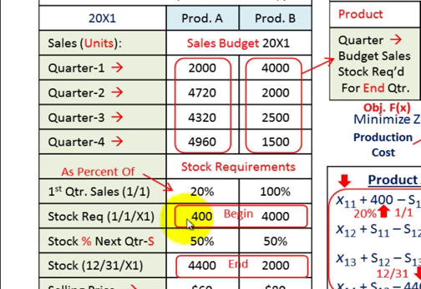So that's going to have a stock that we require on hand as of the beginning of the year of 400 units. And for B here, we're requiring 100% of the first quarter sales, and we have first quarter sales here of 4,000 units for product B. So that gives us a stocking requirement that we need here as of the first of the year before we start any production on 1/1x1, 4,000 units in stock here for product B.